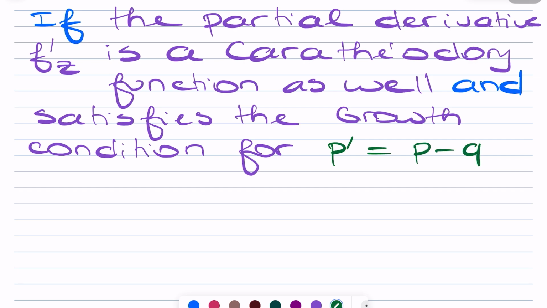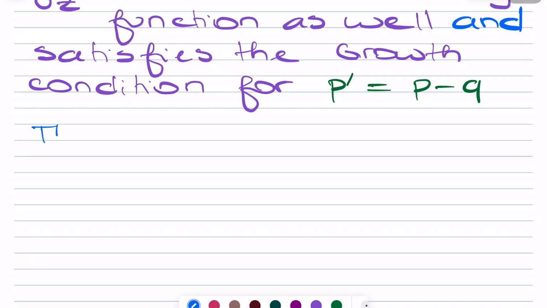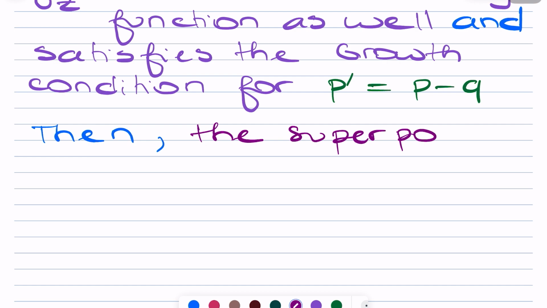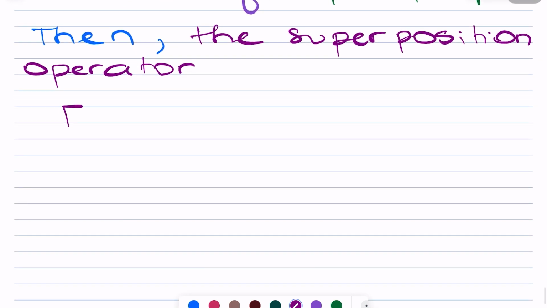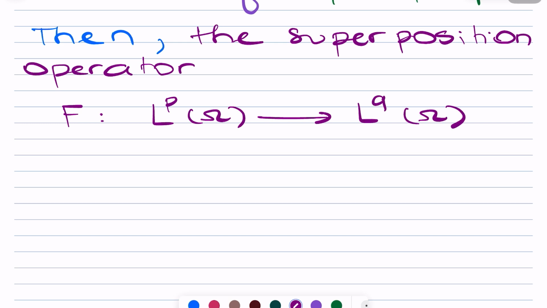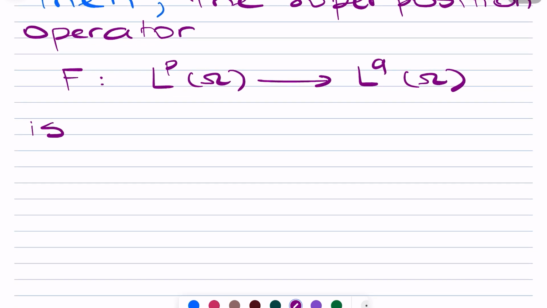Then the superposition operator, capital F, defined from LP of omega into LQ of omega, is continuously Fréchet differentiable.